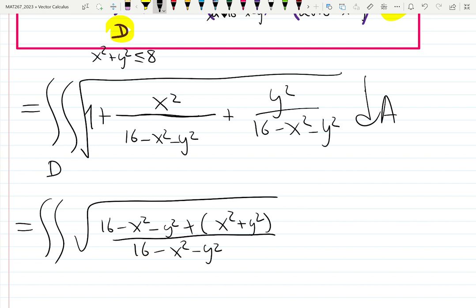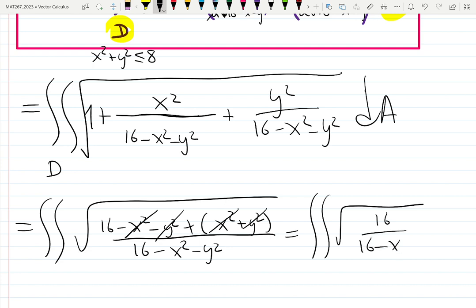So x squared and minus x squared, y squared and minus y squared cancel out, and that's how you get 16. Square root is there. 16 all over 16 minus x squared minus y squared. Don't write the dA because now it's time to change. What do you think? That's algebraic. I don't like showing it, but here it is.